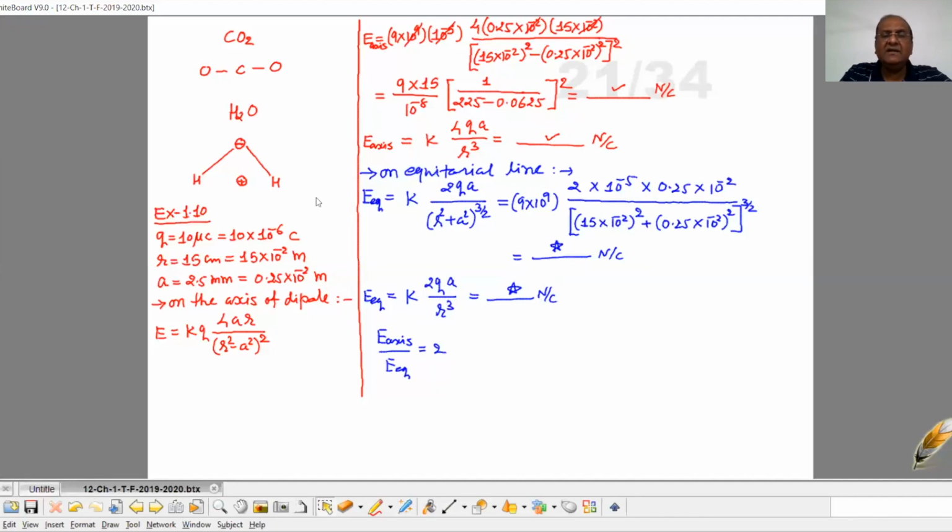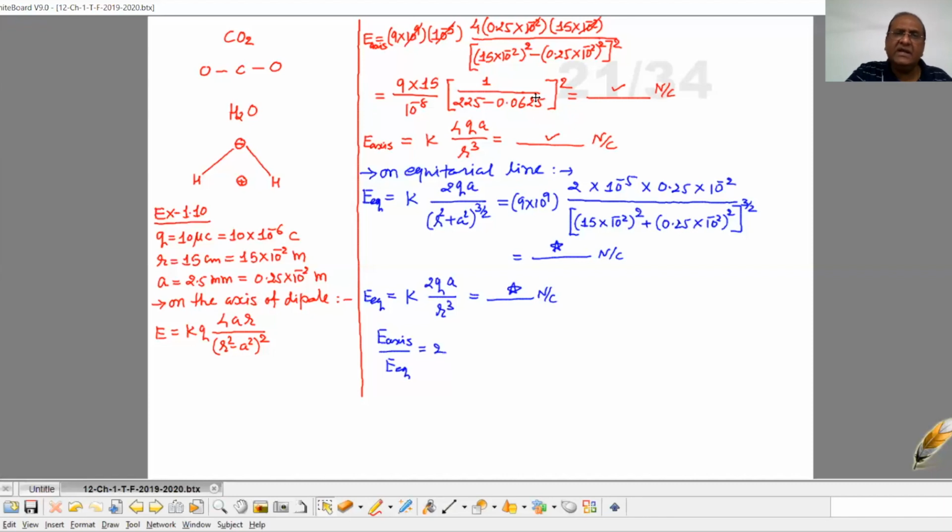It implies that by calculation, it is represented that if r is very much greater than a, in that particular case, we can use this particular equation directly. So that is just represented here. Okay. But see, in the text, this one is calculated like that: first due to the positive charge, then due to the negative charge, and then after taking the summation, the resultant field.